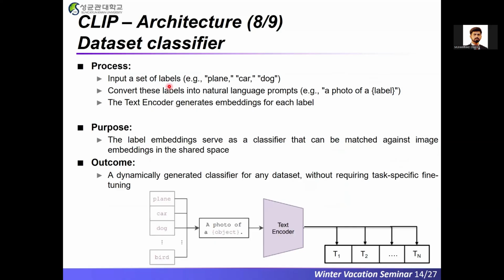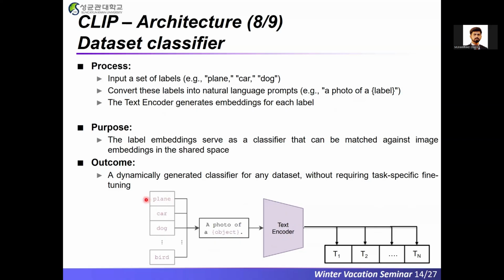So after pre-training, we can have this dataset classifier, which is here in the form of a text encoder. What it does is it takes as input a set of labels, for example, a plane, car, or a dog. It converts these labels into natural language prompts.